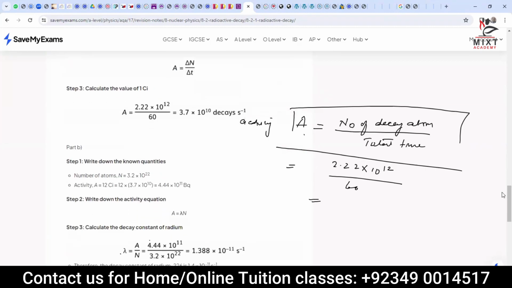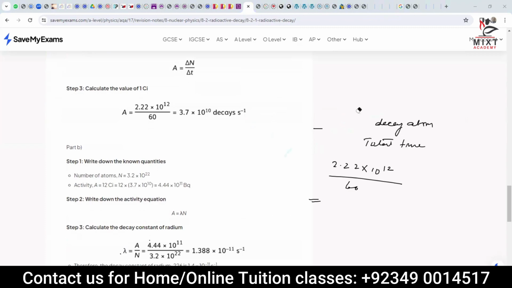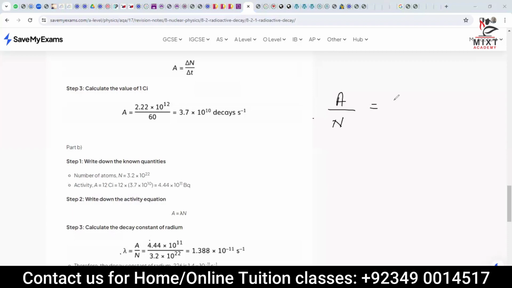Okay, now the next part, which says determine the decay constant. Now, how to find the decay constant? The value is very simple. Now, the number of atoms, we already know that. How many are there? And A means the number of elements decaying. So remember that A divided by N, where A is basically decays per second, divided by the total number.